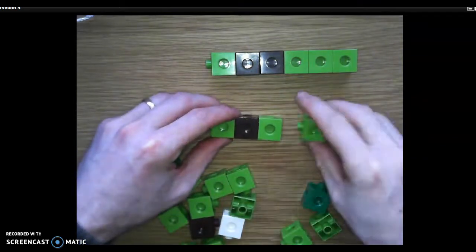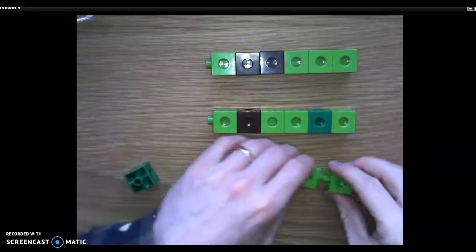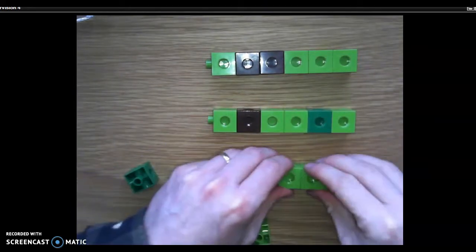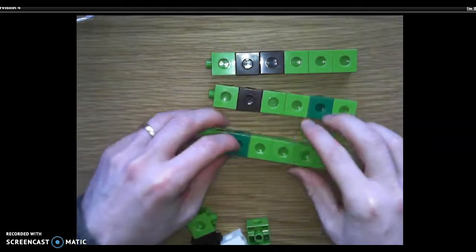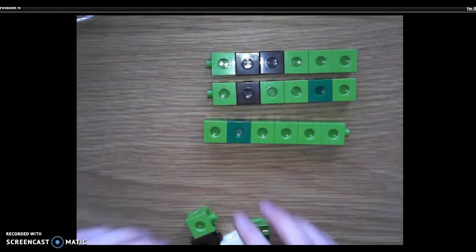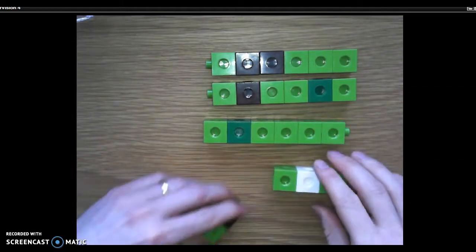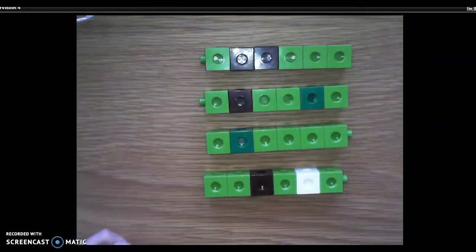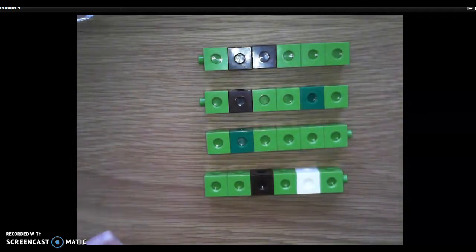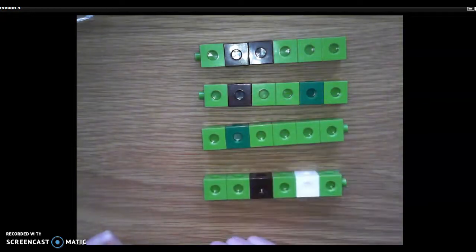And again, and once more. We can see here quite clearly 24 divided by 6 is 4. There are 4 6s in 24. Okay?